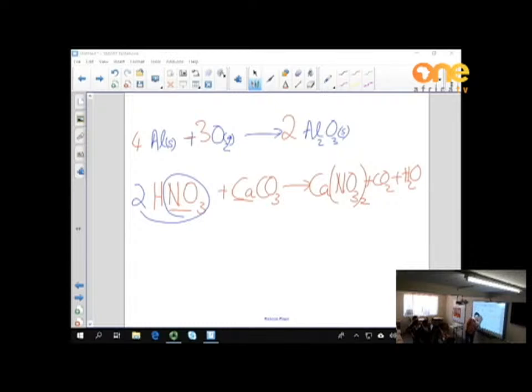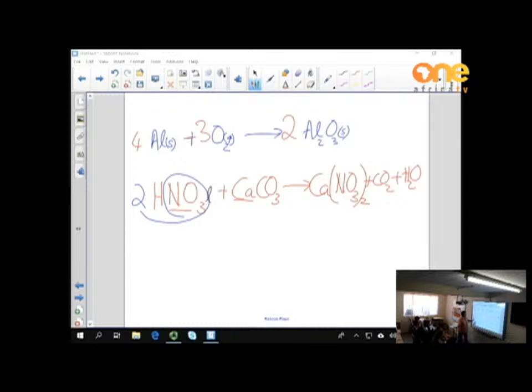Let's put in state symbols. What do I know about nitric acid? Solid, liquid, or gas? It's a liquid. Okay. For the acid, not all acids are liquids. Some are gases, but then hydrochloric acid, for example, is a gas, but it's dissolved in water.